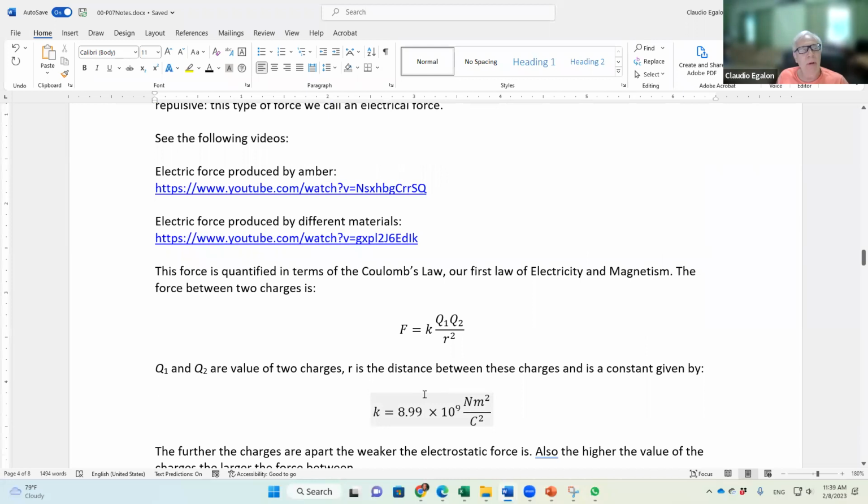You cannot actually see them with the naked eye, even though there are macroscopic objects that can be electrically charged. But that's what you have to do in this course. You have to exercise your imagination to see what is invisible.